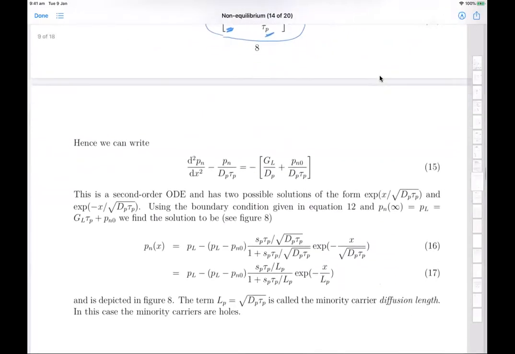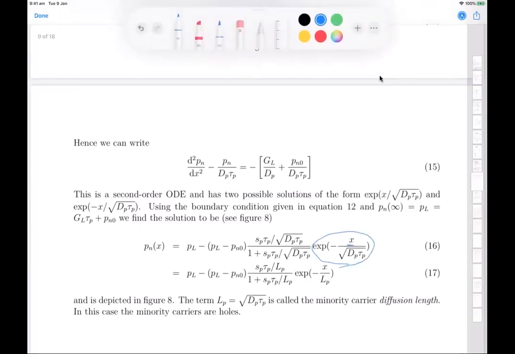The solution of this equation is somewhat messy, but relatively simple to look at. There is an exponential term, which depends on space, as we saw earlier. And there is a term that involves various constants of the material, so we can just replace that by a number.